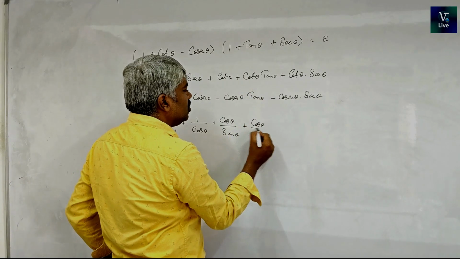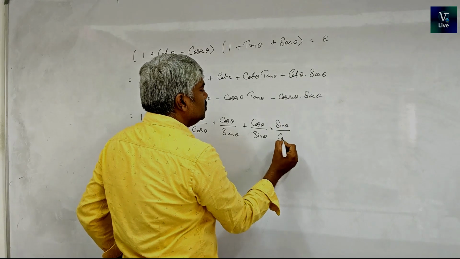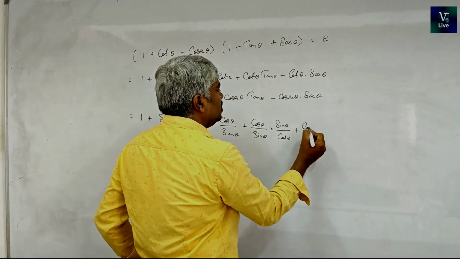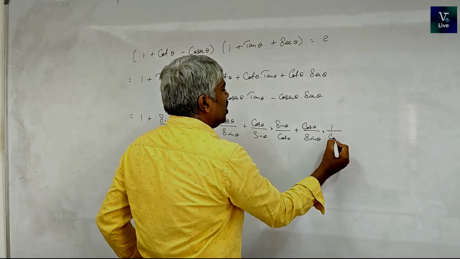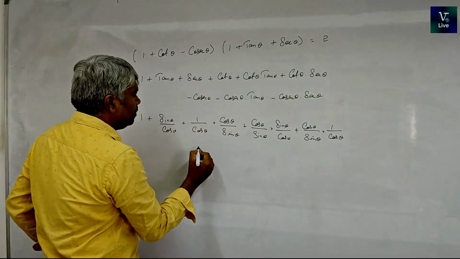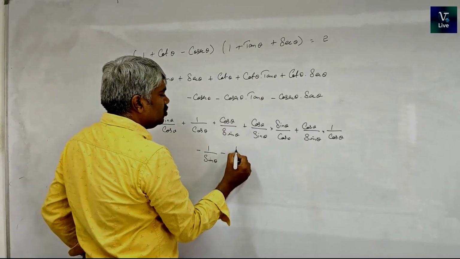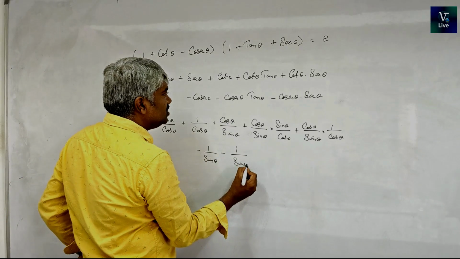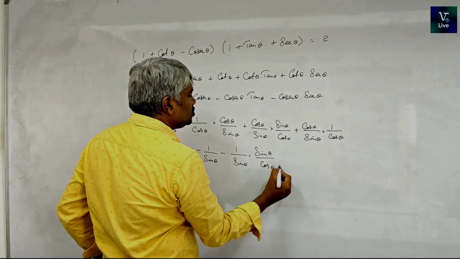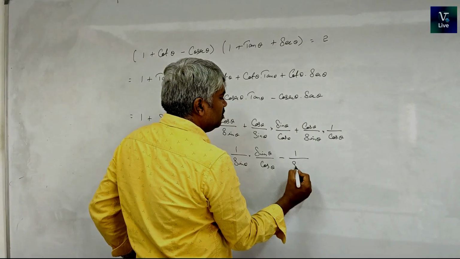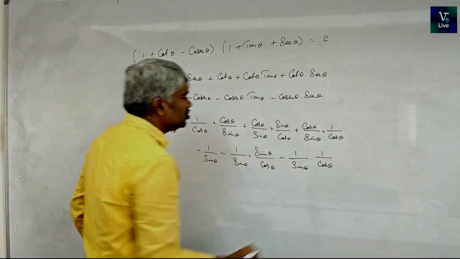Here cot theta into tan theta is cos by sine into sine by cos. Cot theta into secant theta is cos theta by sine theta into 1 by cos theta. Minus cosecant theta is 1 by sine theta into sine theta by cos theta, minus 1 by sine theta into 1 by cos theta.